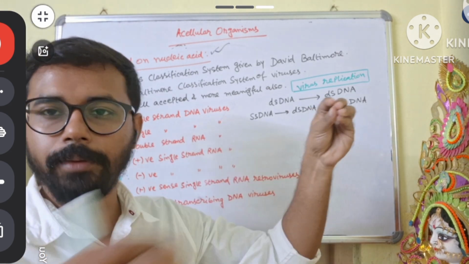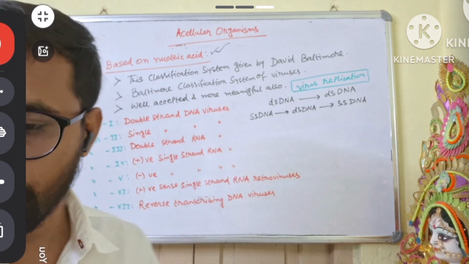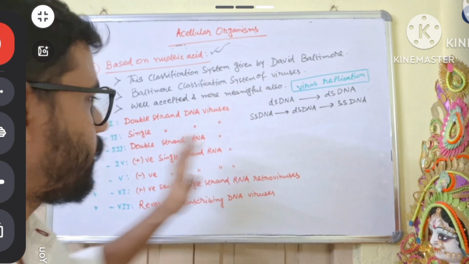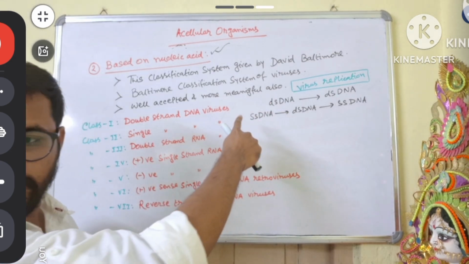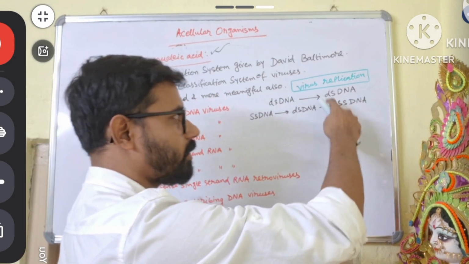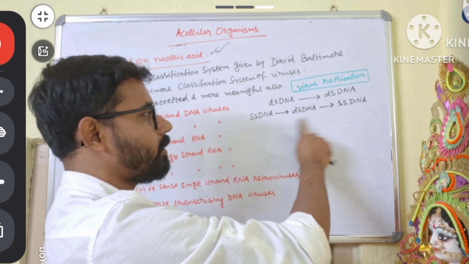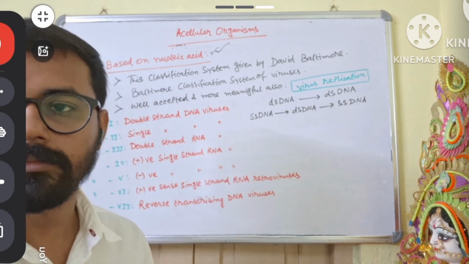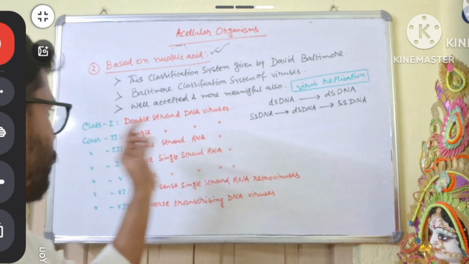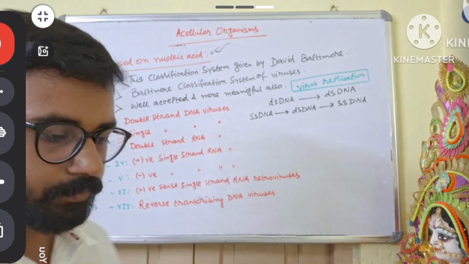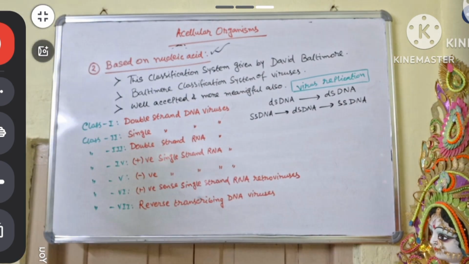Now the double strand DNA is separated and forms single strand DNA. That is the strategy of virus replication of class 2. Clear? Because it is originally single strand DNA and must convert into single strand DNA after an intermediate step of double strand DNA. Stage clear? Replication strategy of class 2 clear? Online students?